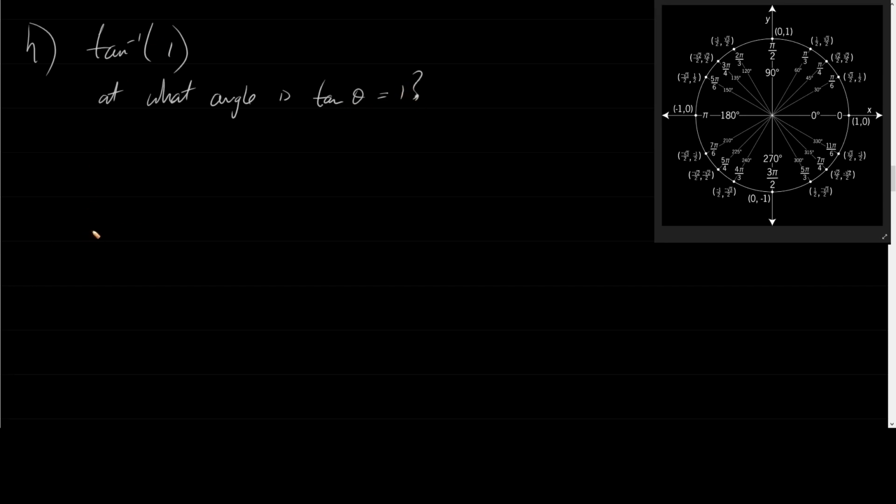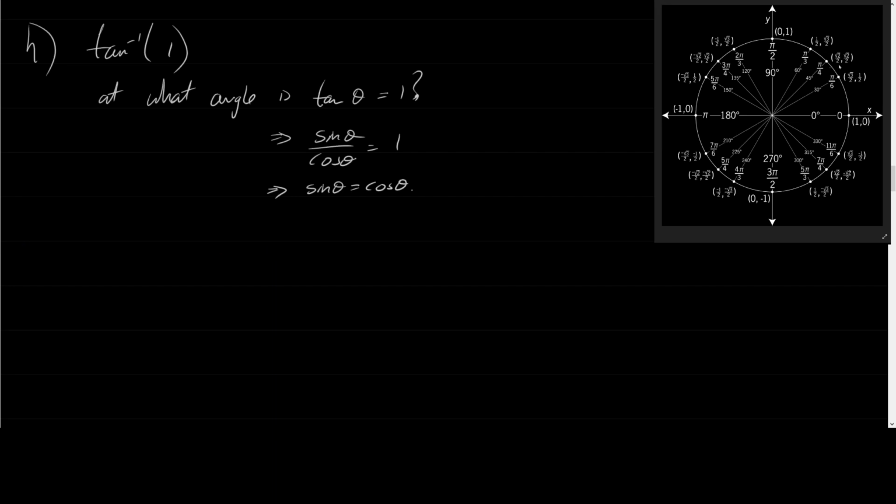Now this can be rewritten to say, since tan theta is sine over cosine, sine theta over cosine theta is equal to 1. This is equivalent to saying that sine theta is equal to cosine theta. So this question is really asking, where is sine equal to cosine on the unit circle? And it happens at two spots.